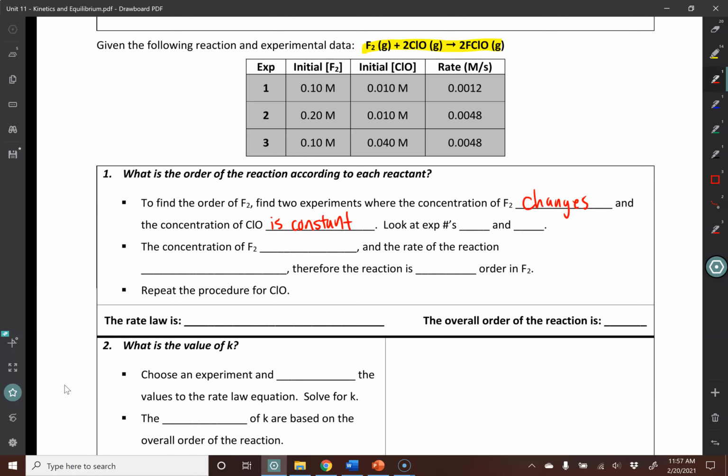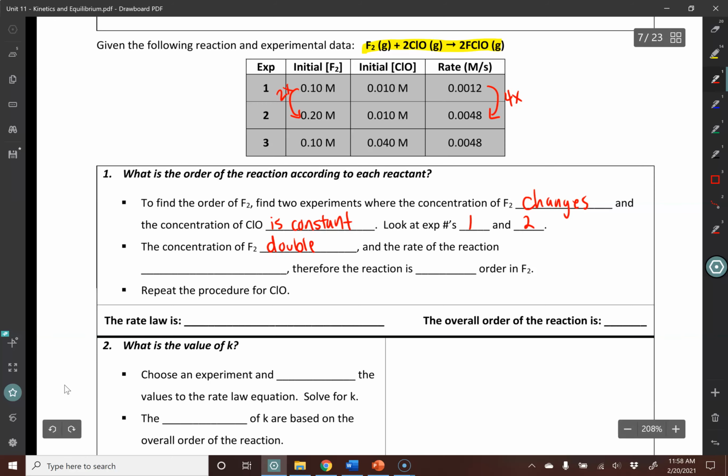What 2 experiments should we look at in this case? Experiments 1 and 2 seem to fit that description. We've got the concentration of F2 doubling, and we see the rate going up by a factor of 4.